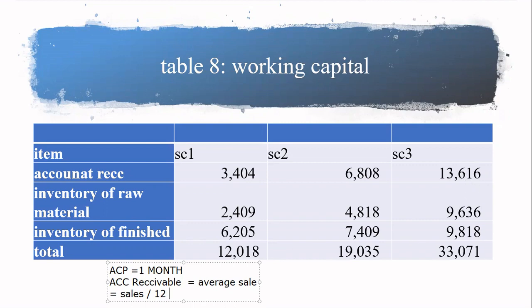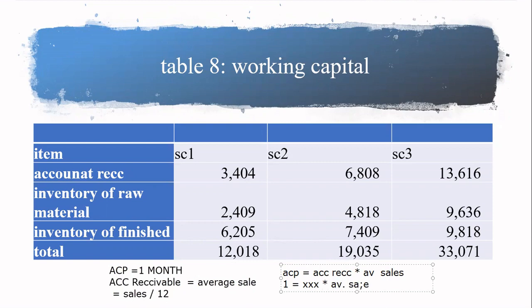13,660. How do we calculate this? We know that the average collection period, ACP, is the account receivable divided by the average sales.